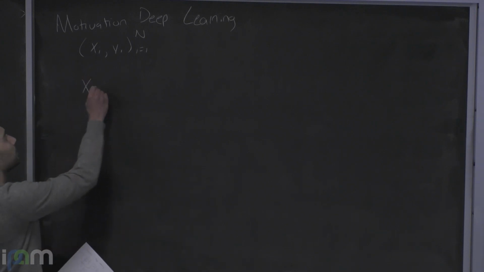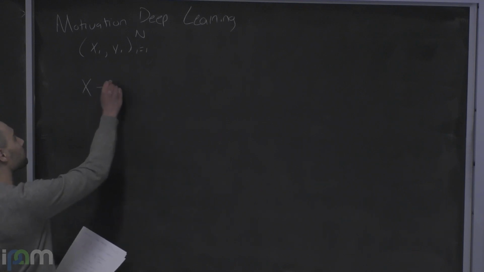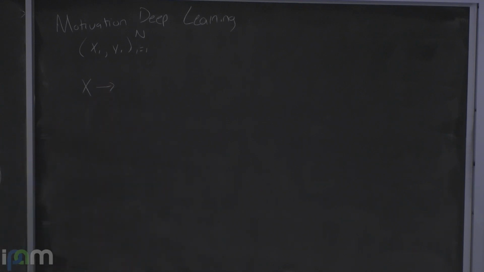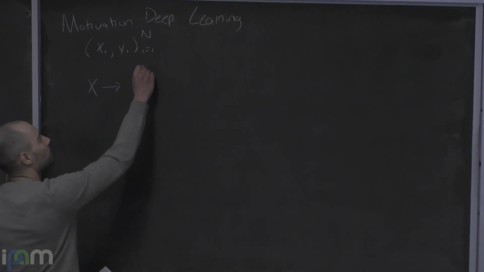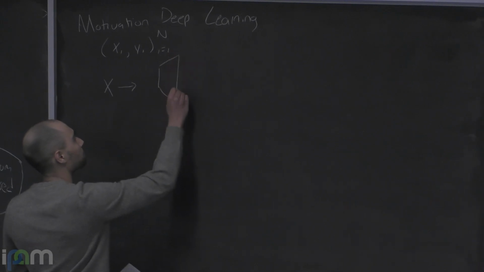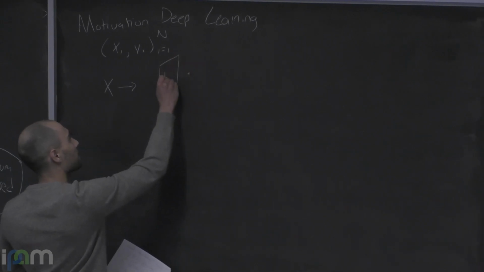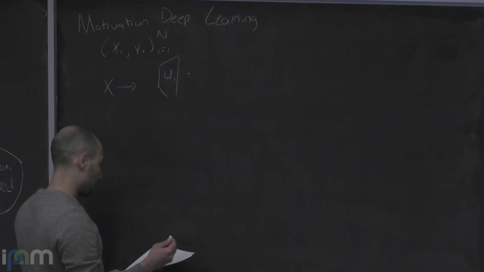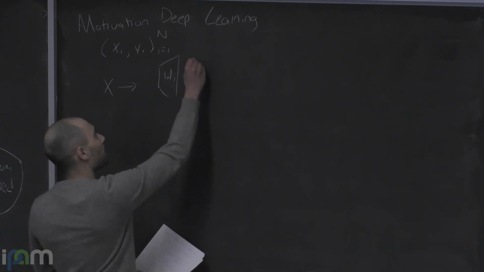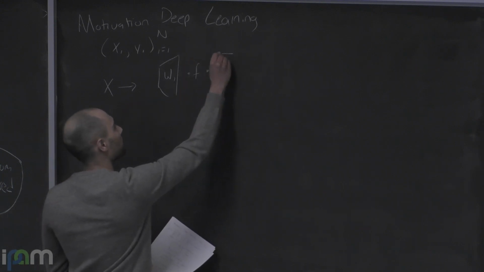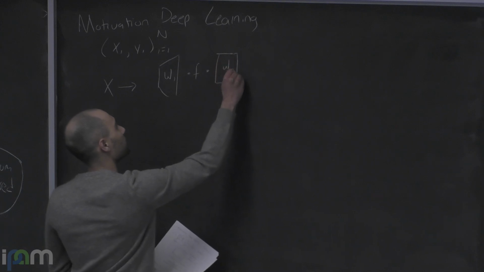And what you do is you form some neural network, and here I'll show it for a feed-forward network, which is just a bunch of linear layers and non-linearity. So you have some neural network. This is a weight matrix. You have some non-linearity, and then you put it into another weight matrix, W2.